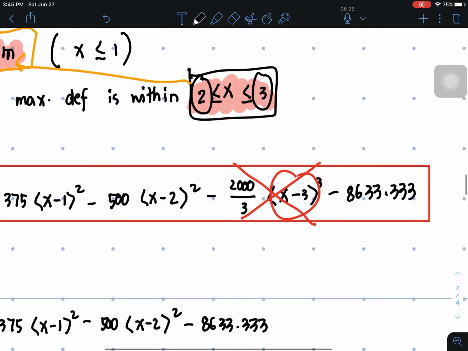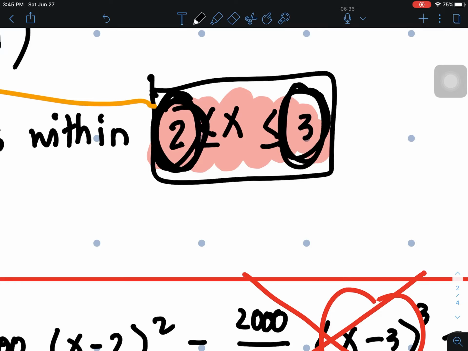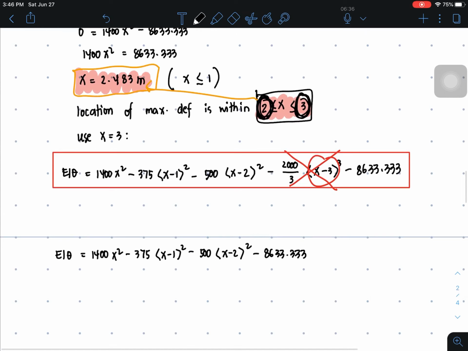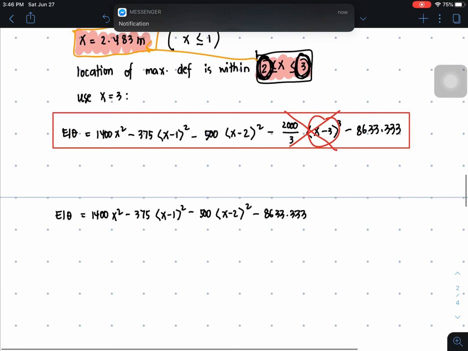So we expect our answer to be between 2 and 3, maybe around 2.6, 2.4, 2.5, something like that. So let's check where its location really is.